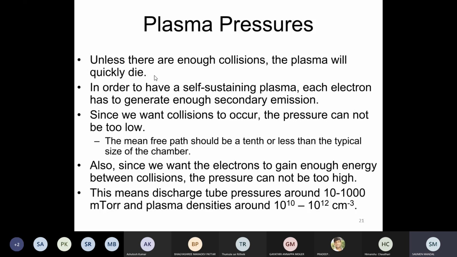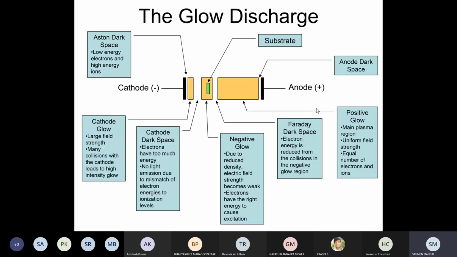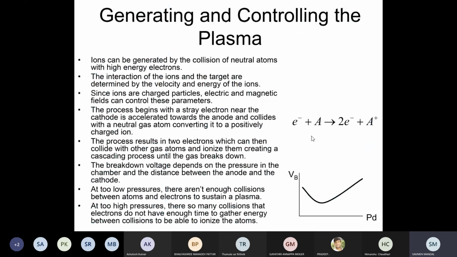That cascading process should continue. In order to have a self-sustaining plasma, each electron has to generate enough secondary emission. So what is the secondary emission? This is the primary electron and this is the secondary emission. After collision, you can see two electrons are formed. So this process should continue, then only can you sustain this plasma formation.